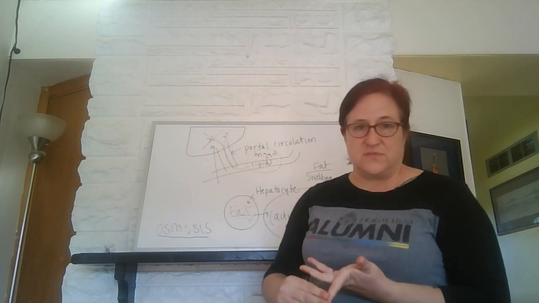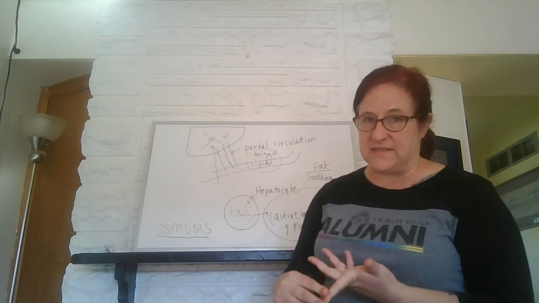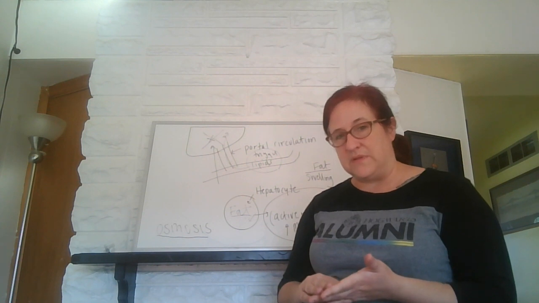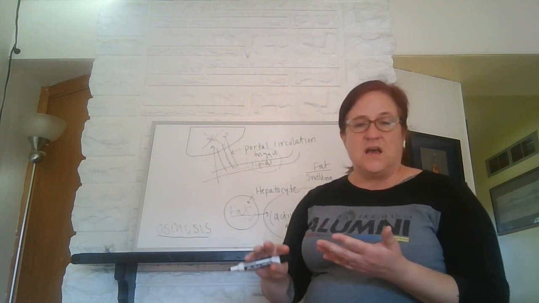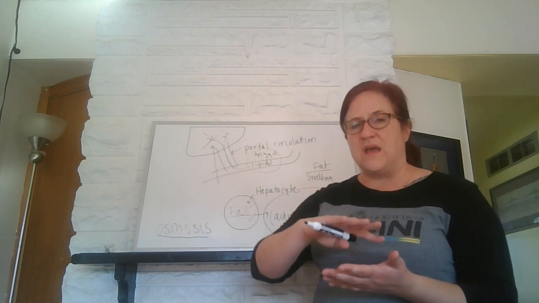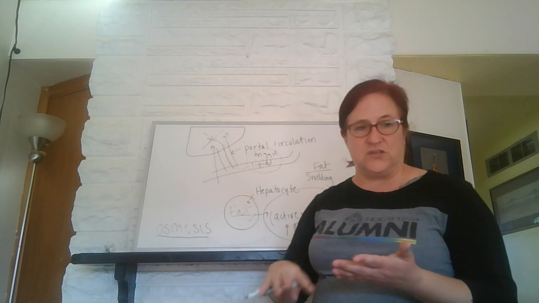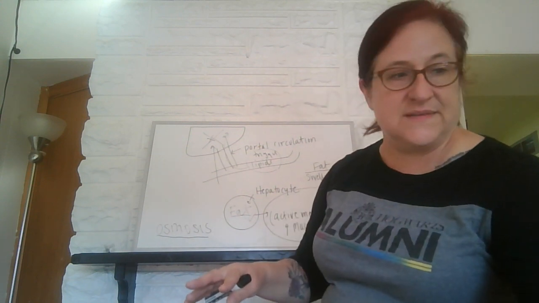The liver is in charge of making clotting factors, and so you might have excess bleeding. The liver is in charge of metabolism of drugs, and so doses have to be adjusted. So everything that the liver does is going to be touched by its inability to work. So people can be very, very sick from liver disease.